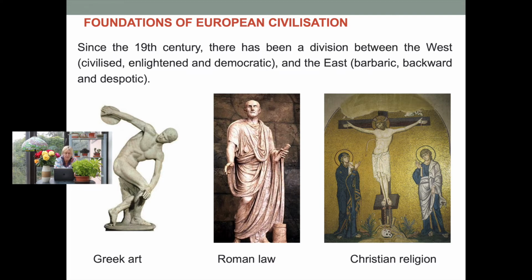The West meaning, of course, the European countries, especially the countries of Western Europe, later also North America, and the East. It's quite debatable where the border would go between the West and the East, but the general consensus was that the West was the proper European civilization, civilized, enlightened, and democratic, and the East was barbaric, backward, and despotic.